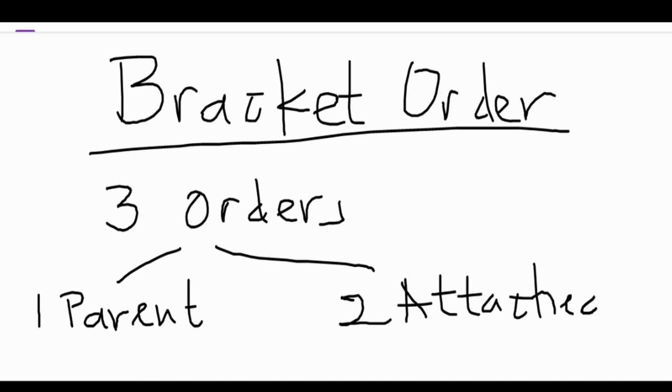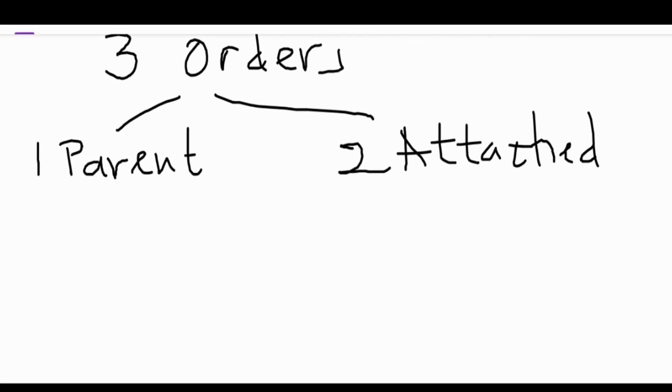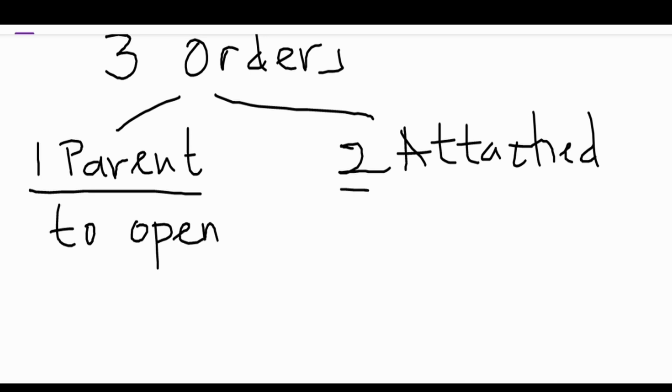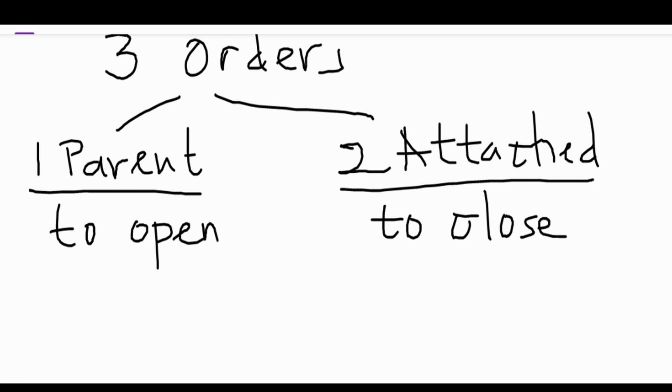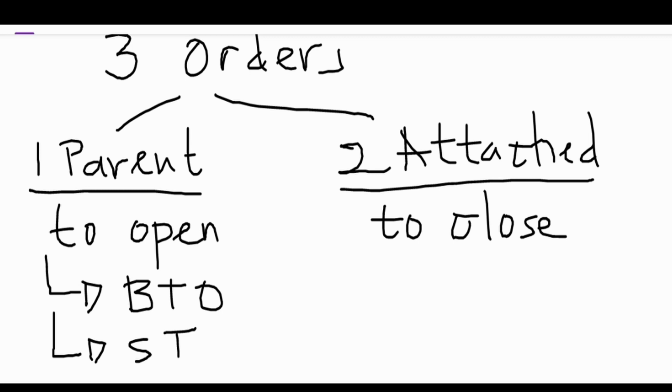The parent or primary order is used to open a position in our portfolio, while the two attached orders are used to close it. A trader can open a position either by placing a buy to open or BTO order if they feel bullish on a certain stock, or a sell to open or STO order if they are bearish.